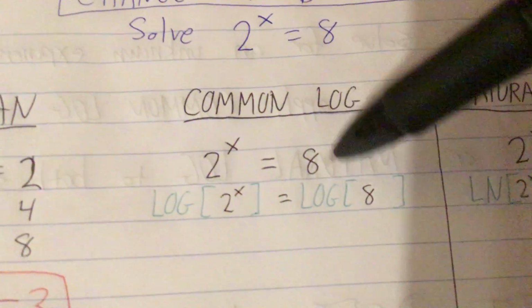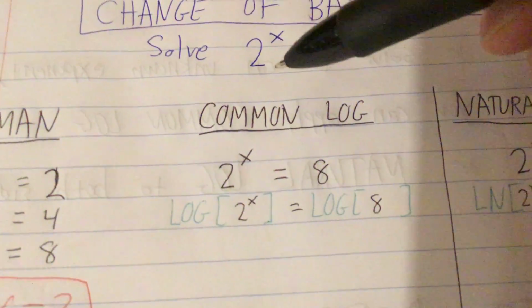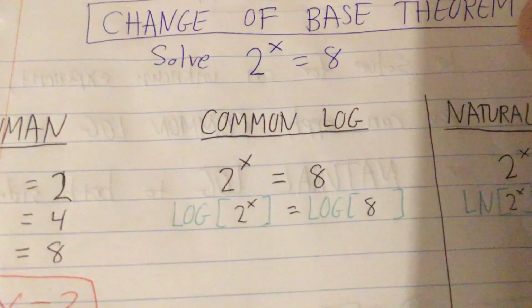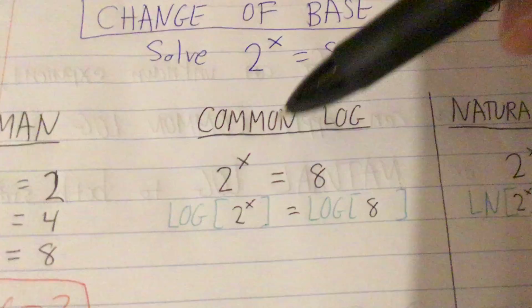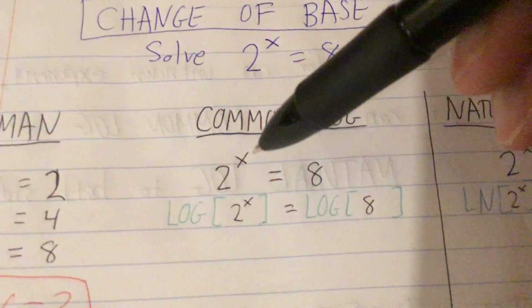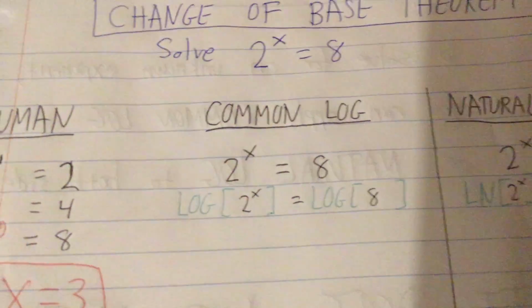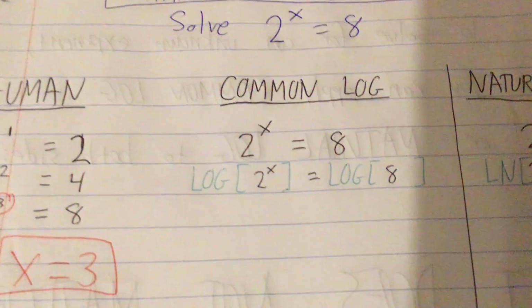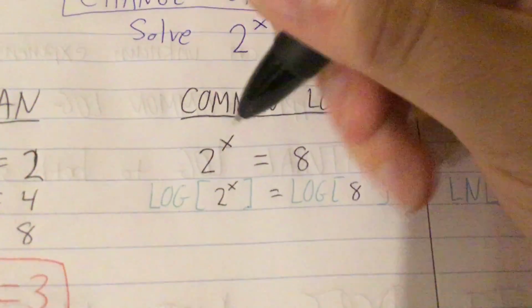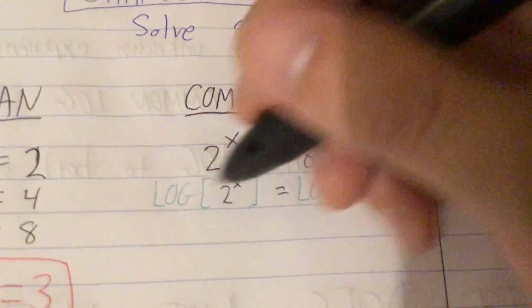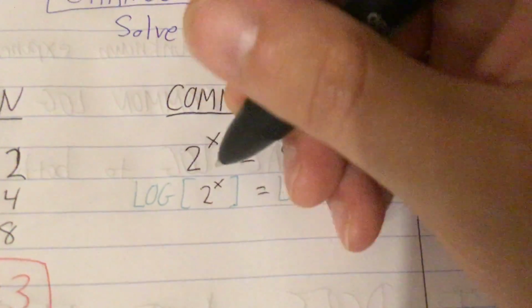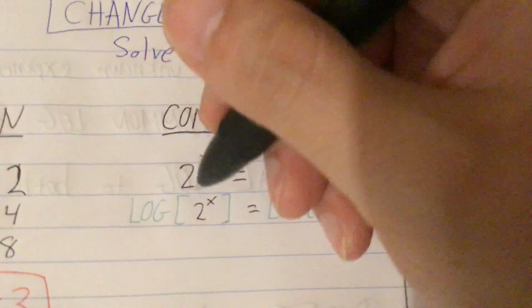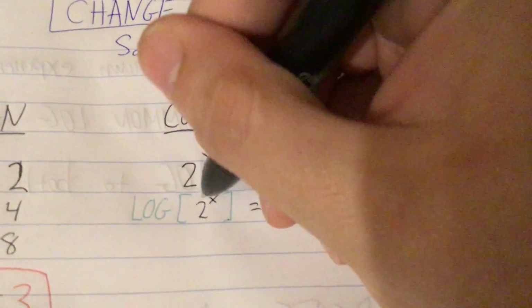But I've been using the common log to solve this. As in, if I've got an exponent that is a variable, what I can do is log both sides of the equation. So log of 2 to the x is equal to log of 8. And what that does is that makes this exponent fly to the front.